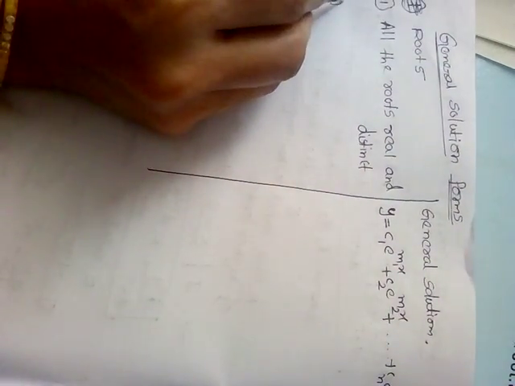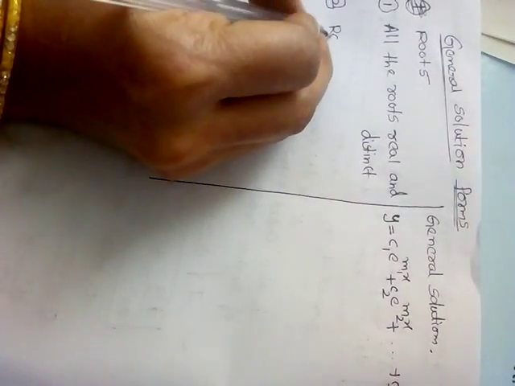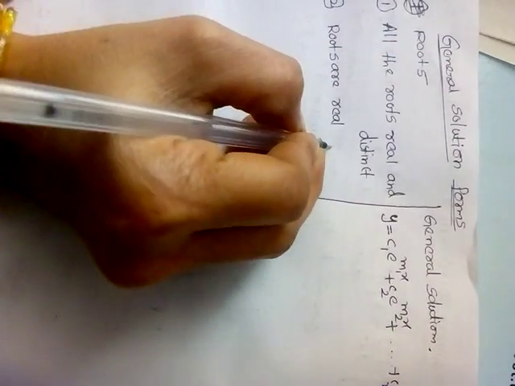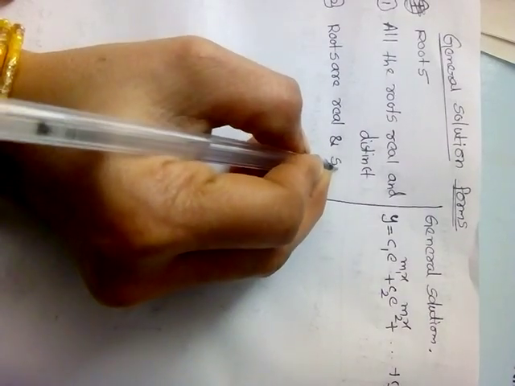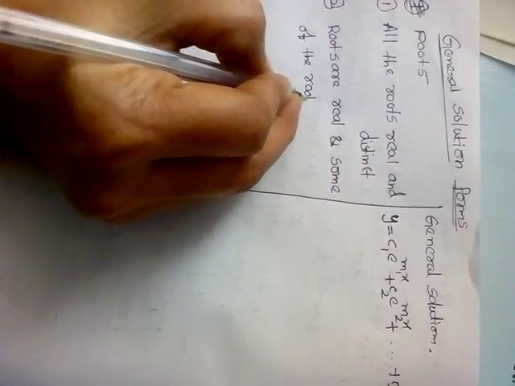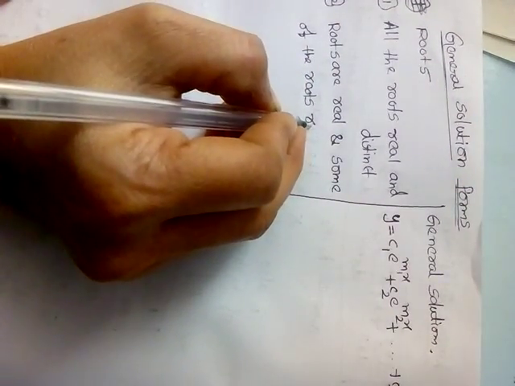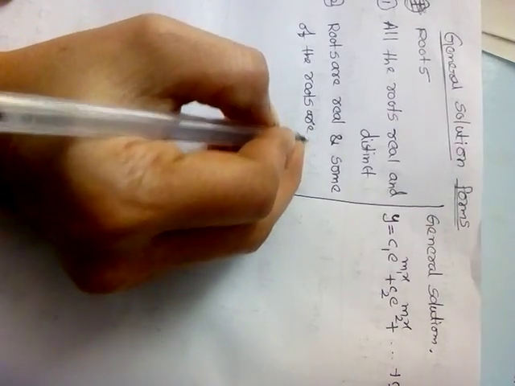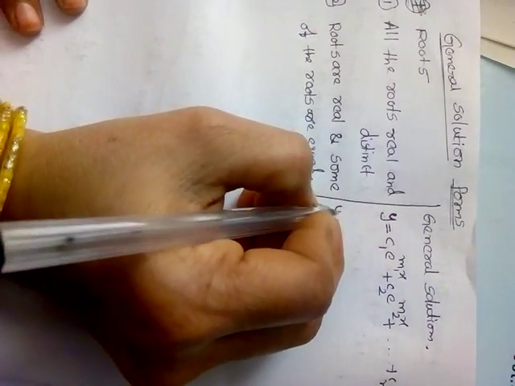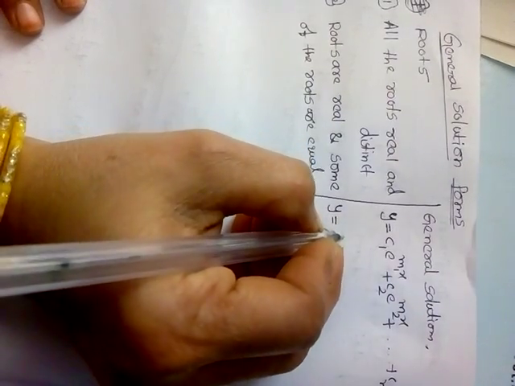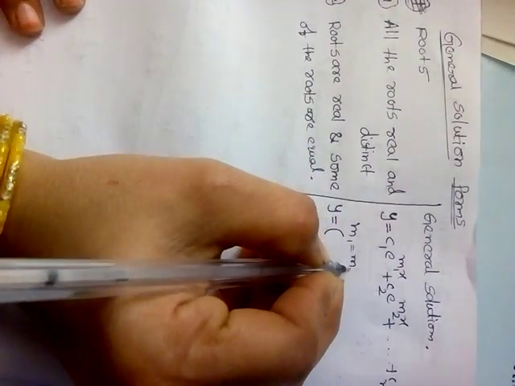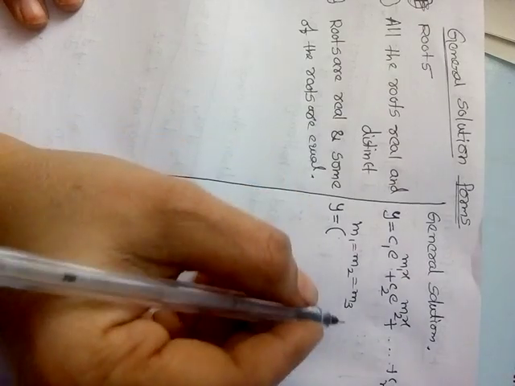Next, if the roots are real numbers and some of the roots are equal, then the general solution takes this form. For example, m1 = m2 = m3, and the remaining roots are different.